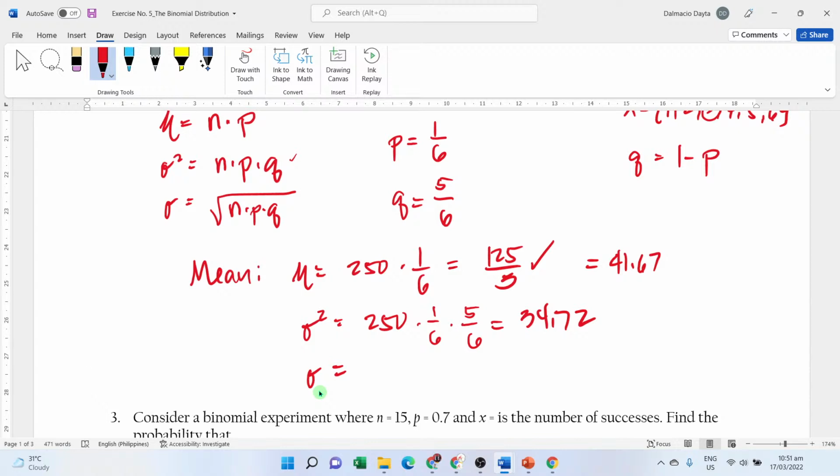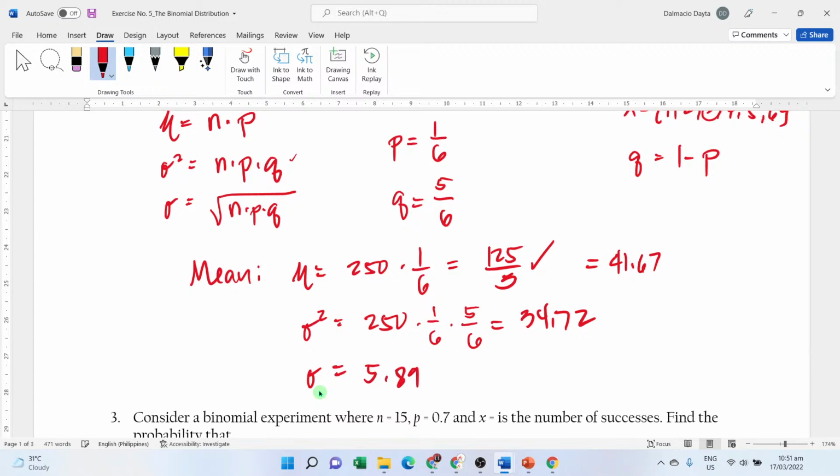Wala sa aking calculator, so let me redo: 250 times 1 over 6 times 5 over 6, that is our variance. And then, the root of that will be 5.9.